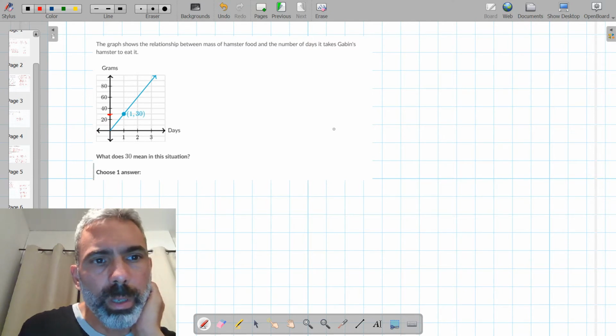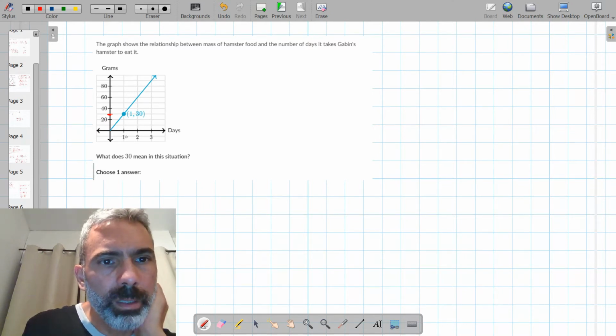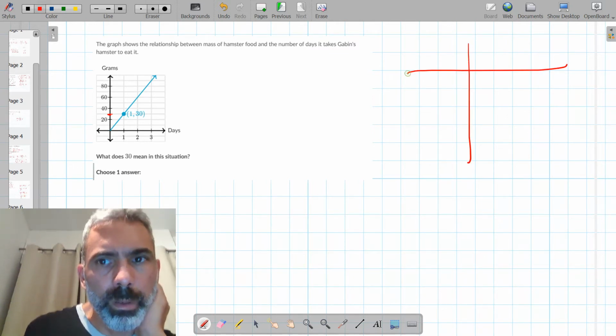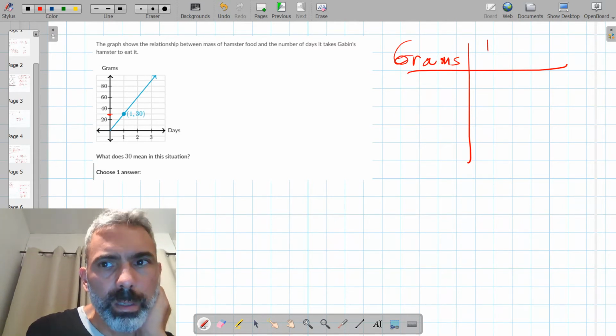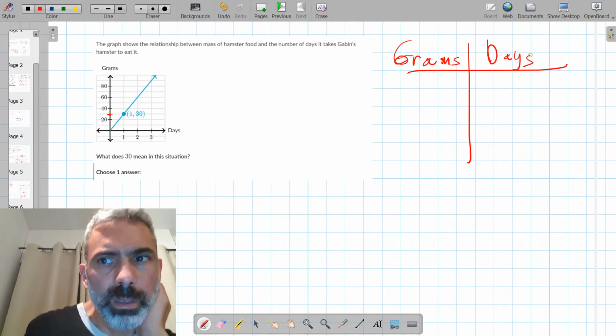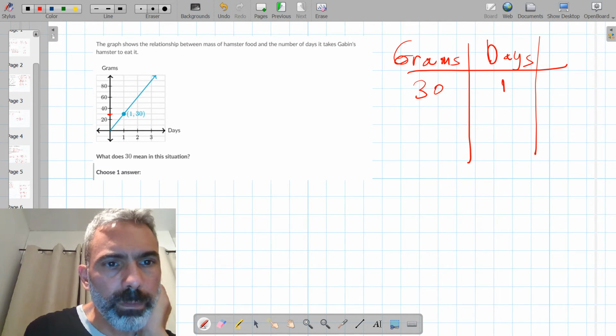So every day Gabin's hamster eats 30 grams of food. So grams and days. So for every 1 day he eats 30 grams.